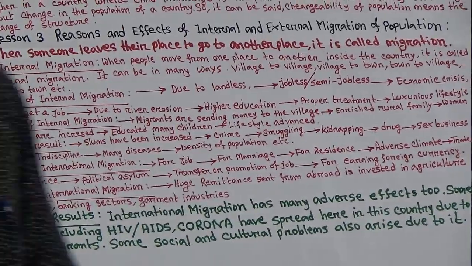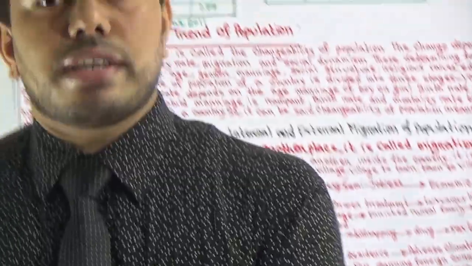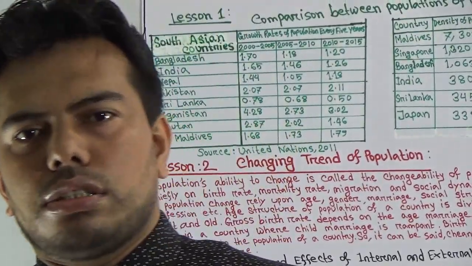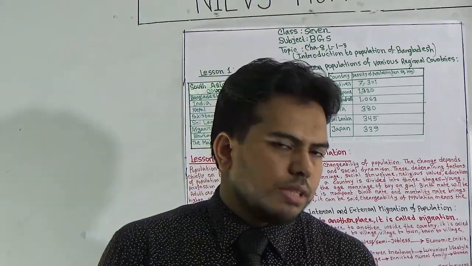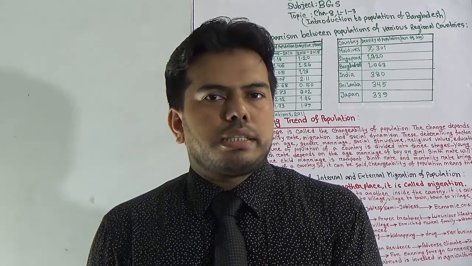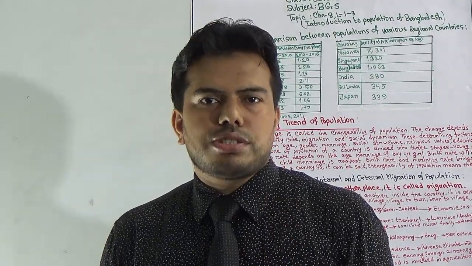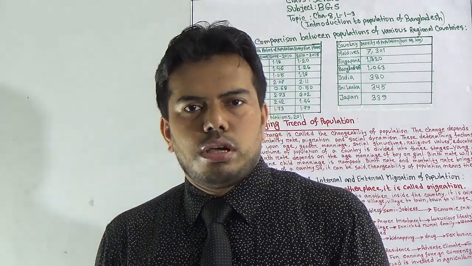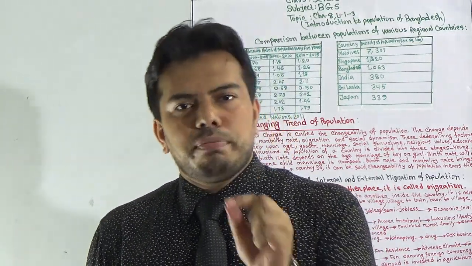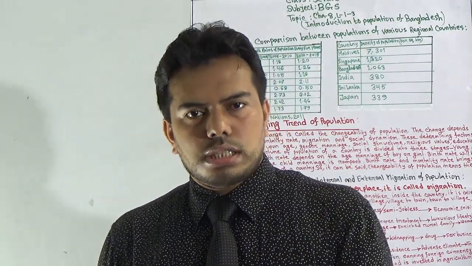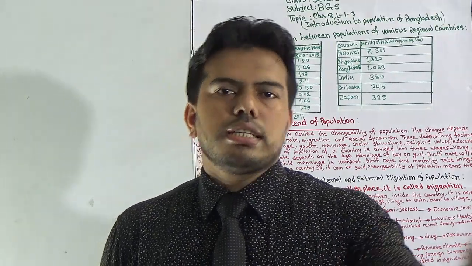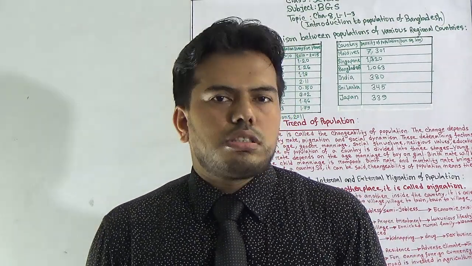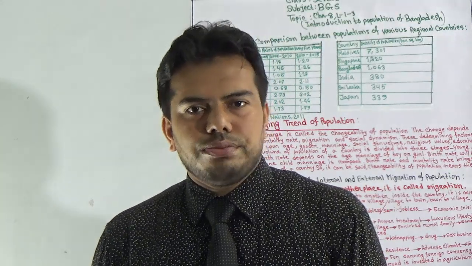In this lesson, it has been discussed about the reasons and effects of different kinds of migration. Dear beloved students, you know that migration can be divided into 2. First of all, internal migration. Another one is international migration. What is internal migration? When a person leaves his own place to go to another place permanently, that is called migration.